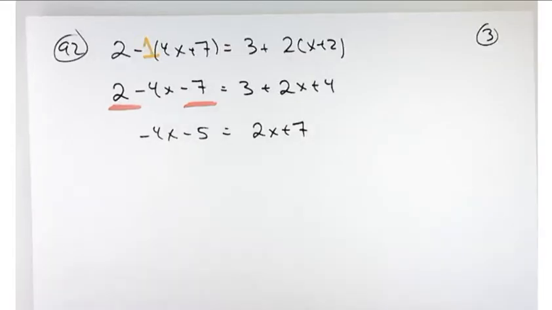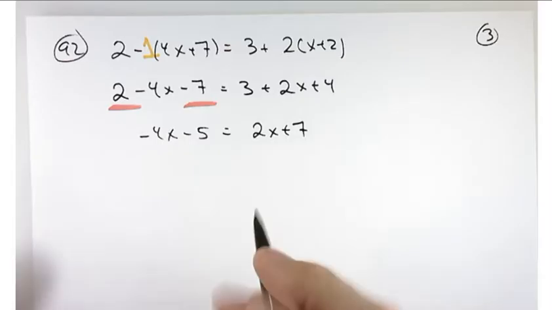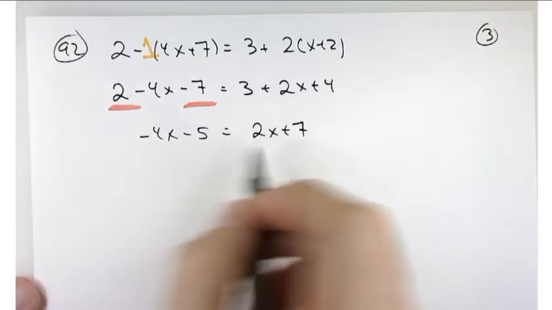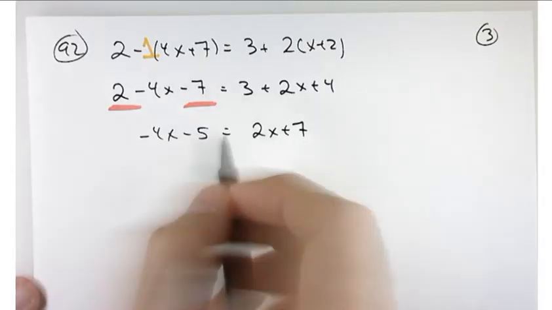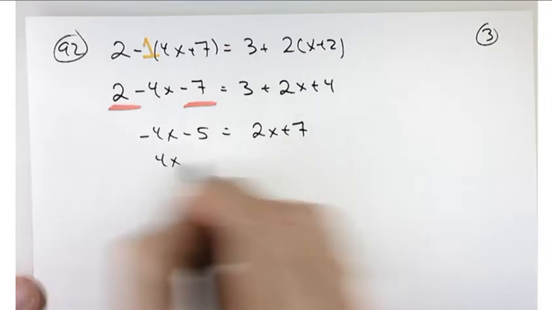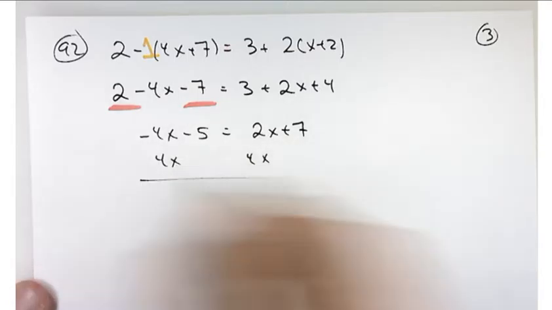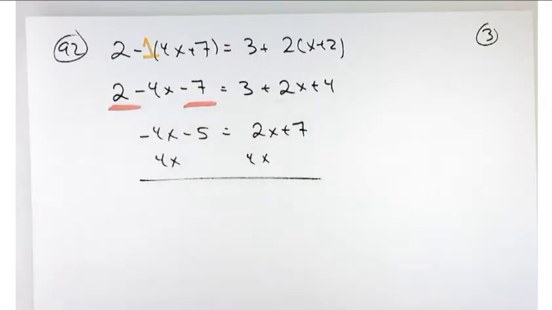The reason for this is that it's going to help you avoid mistakes later on down the line. There's really two possible mistakes you can make by doing it the other way. You can get it right moving things to the left-hand side, but I think it's a little bit safer to move things to the right-hand side in this case.